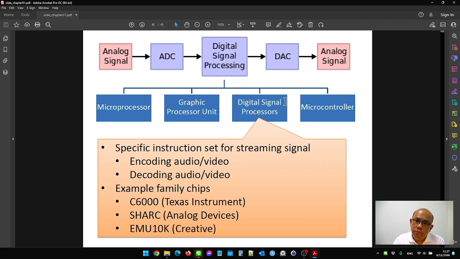We know the signal has two types: analog signal and digital signal. It is not only converting analog to digital, but when you have digital data, maybe you relate to decoding or encoding the data.